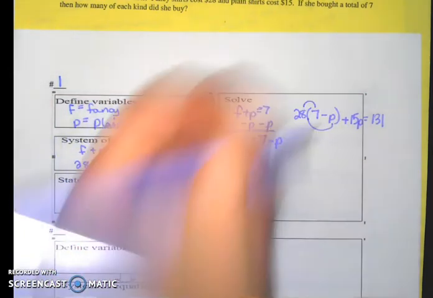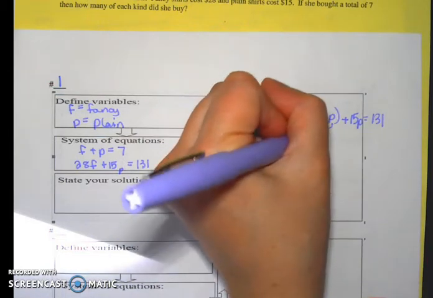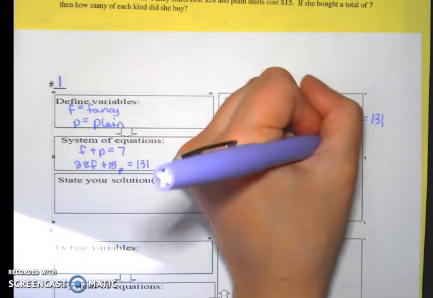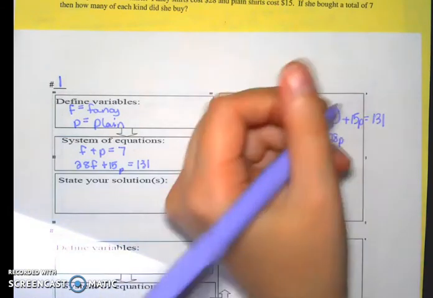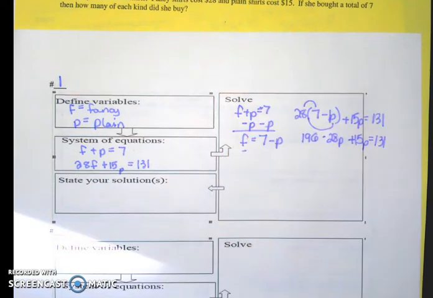So, 28 times 7. Let me grab a calculator. 28 times 7 is 196. Minus 28P, because 28 times 1P gives me minus 28P, plus 15P equals 131.